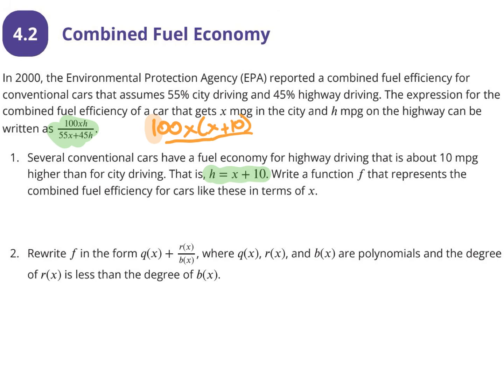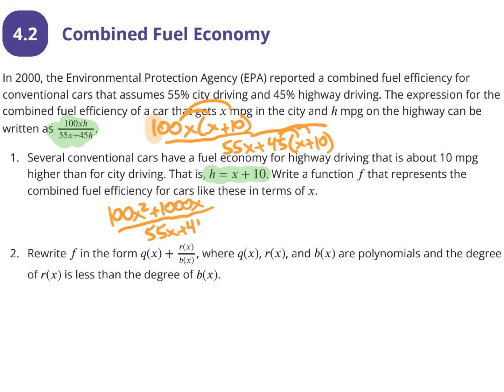And then we're going to divide that by 55x plus 45 times x plus 10. So now when I distribute top and bottom, I get 100x squared plus 1000x over 55x plus 45x plus 450.